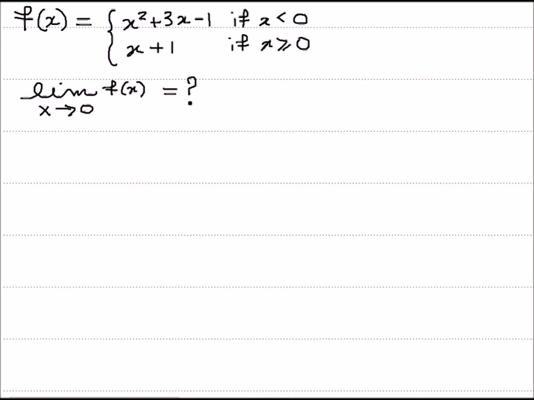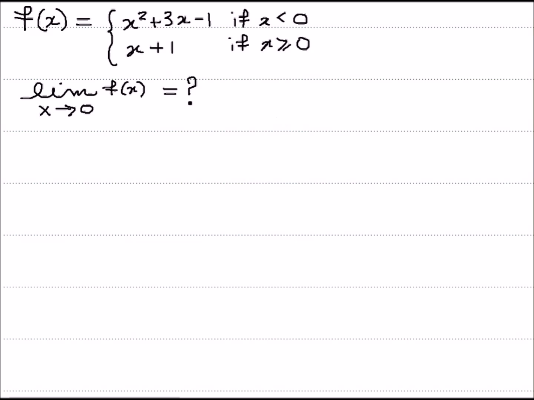Now that we've looked at a graphical interpretation of the right-hand and left-hand limit, I want to look at an algebraic way of looking at it. If I have my function defined piecewise and I'm interested in the limit of f of x as x approaches 0, because the rule for f changes at 0, I should be looking at the case where x approaches 0 coming from the right and from the left separately.